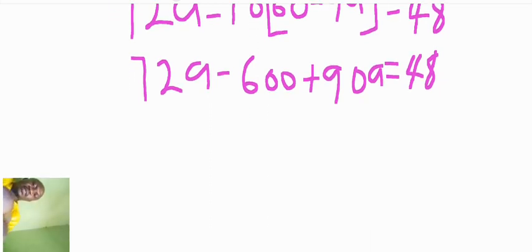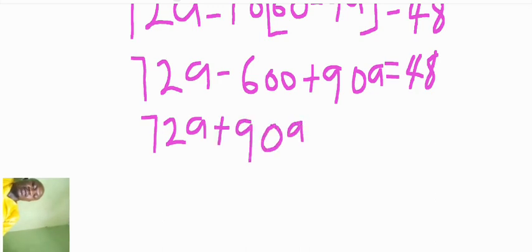The step 3 says that this will result in an equation with one variable. So clearly the only variable we have here is what? A. Let's go to step 4. We have to solve the equation. So let's now group the like terms. We have 72a plus 90a minus 600 is equal to 48.